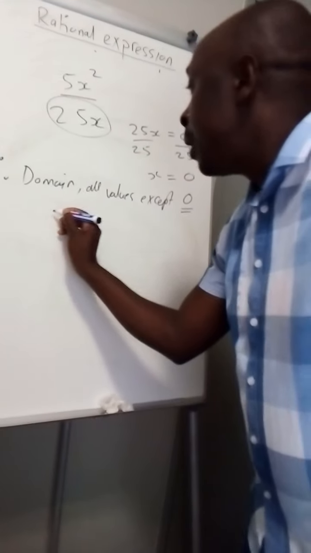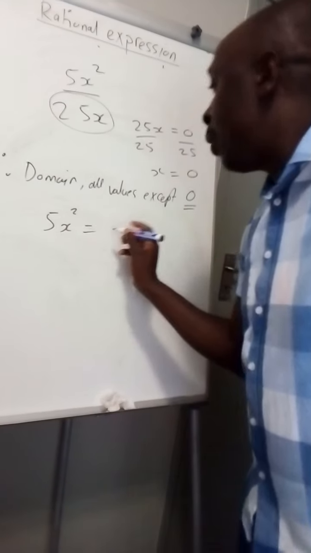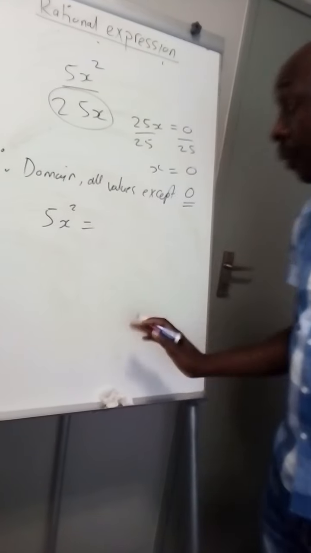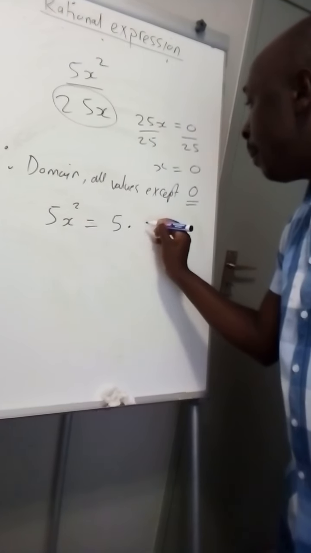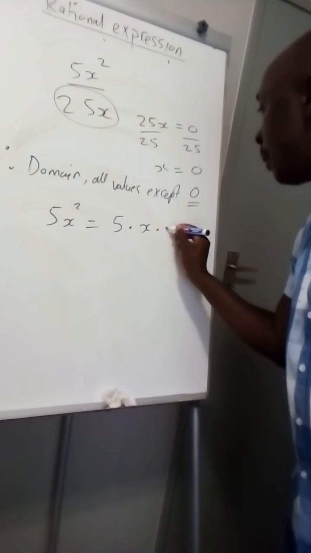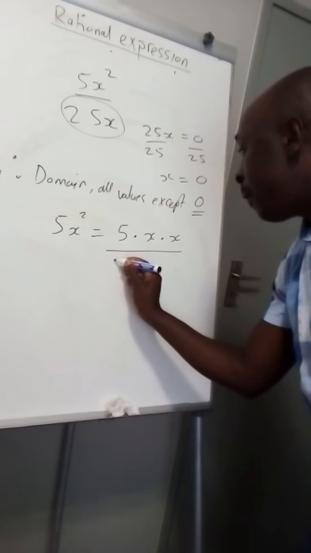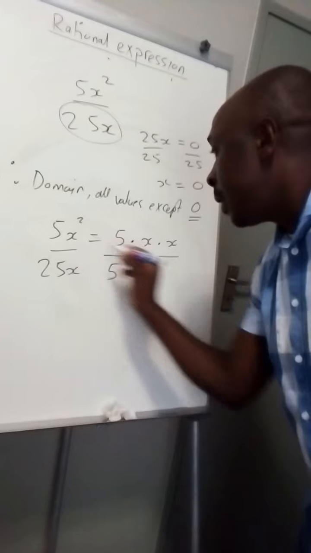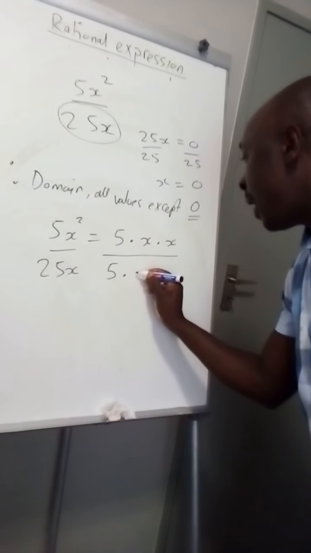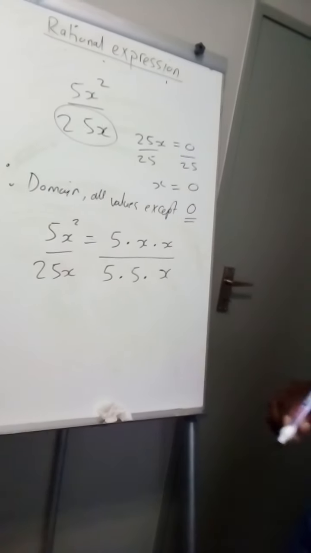Now let us simplify this expression. 5x squared is 5 multiplied by x multiplied by x, over 25x, which is 5 multiplied by 5 multiplied by x.